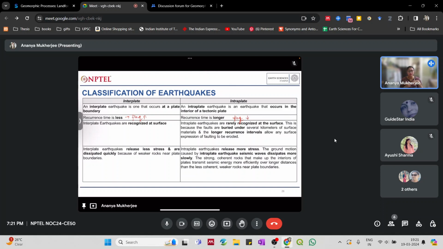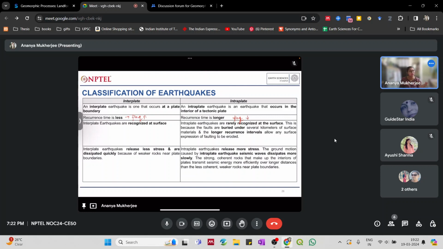And interplate earthquakes release less stress, and they dissipate quickly, because the region between the two plate boundaries is already mechanically and rheologically weak in nature. So the seismic waves generated by interplate earthquakes can be absorbed by these weaker rocks that are already present between the two plates, at the plate boundaries.